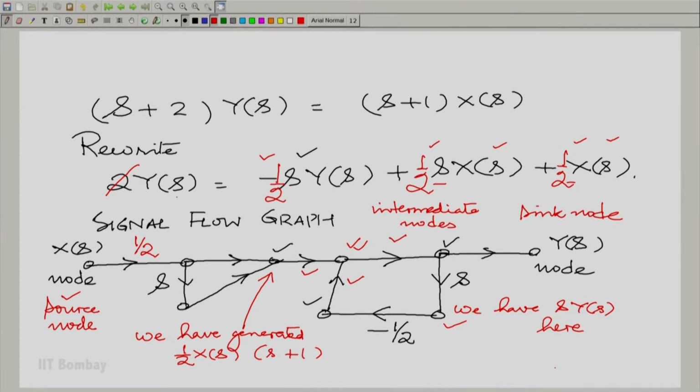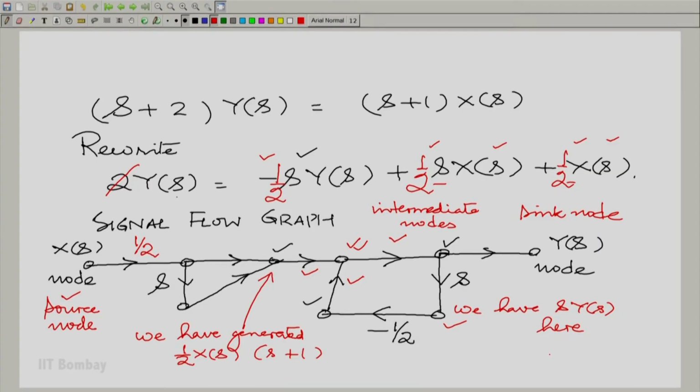So, remember, the value at a particular node is the sum of all that is deposited by the transporting directed edges coming into that node. What goes out on each of the outgoing edges is simply what is on that node. All of them carry the same thing. So, this is how we can now understand the signal flow graph.